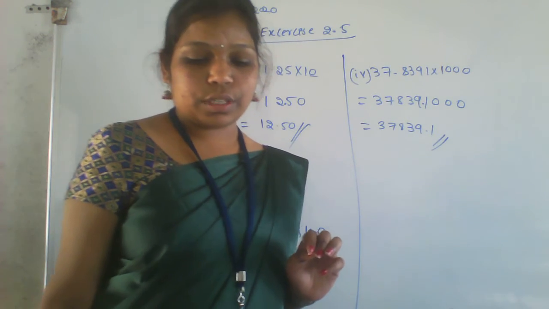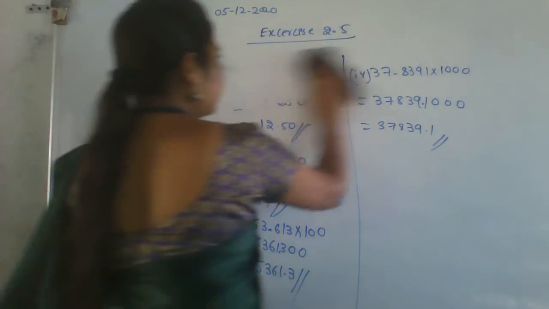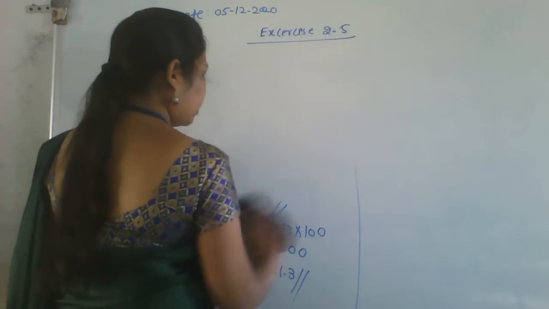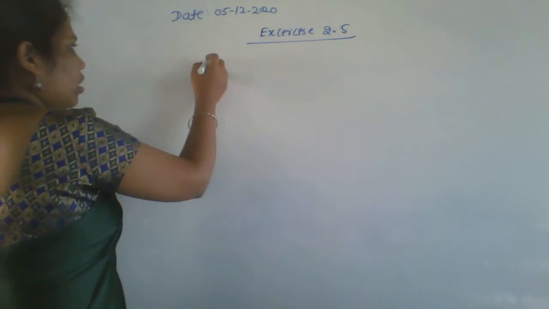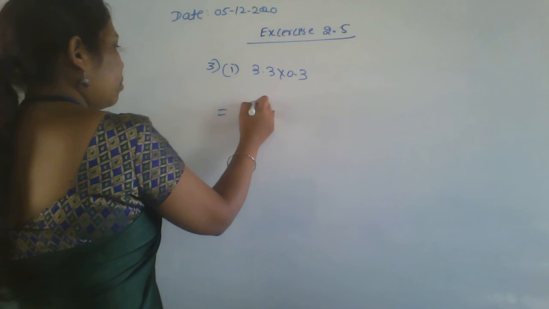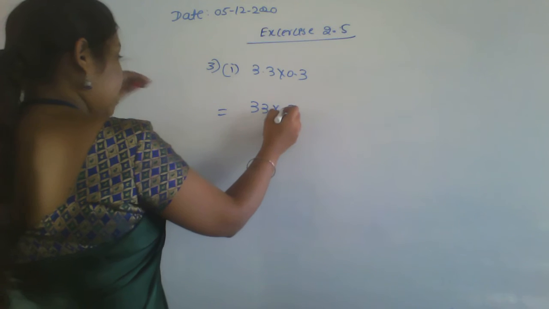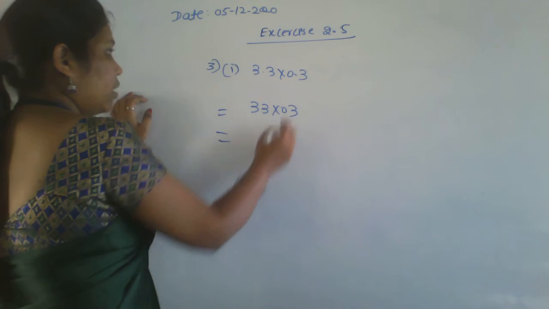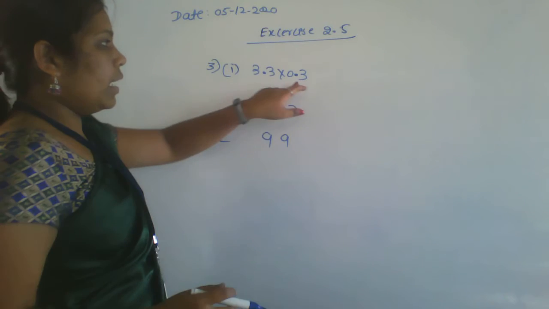Find 3.3 into 0.3. Same. Finding 3.3 into 0.3 means first you have to multiply the numbers. After that count the decimal places and put the decimal point. That is the thing. So third main, first problem: 3.3 into 0.3 means first multiply 33 and 3. Here 3 threes are 9 and here 3 threes are 9. Now, after the point, here is 1 number and here 1 number.